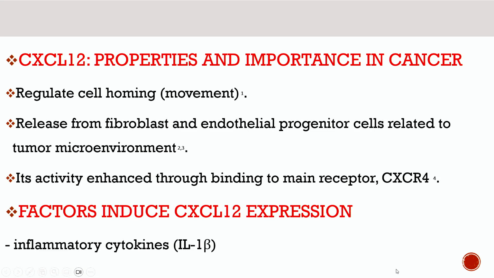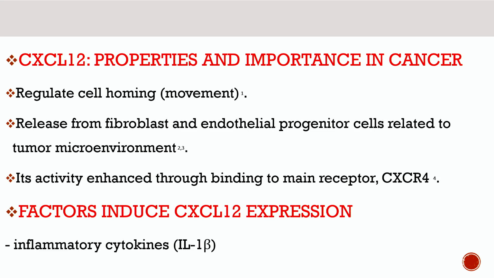First of all, CXCL12 was originally identified as a homing chemokine for white blood cells, and it has recently been shown to play an important role in cancer progression due to its effect on the cells within the tumor microenvironment.